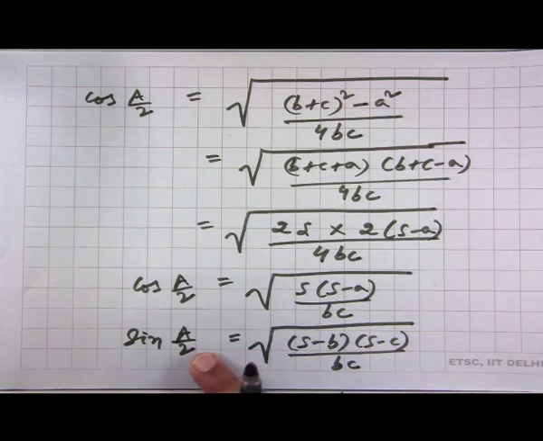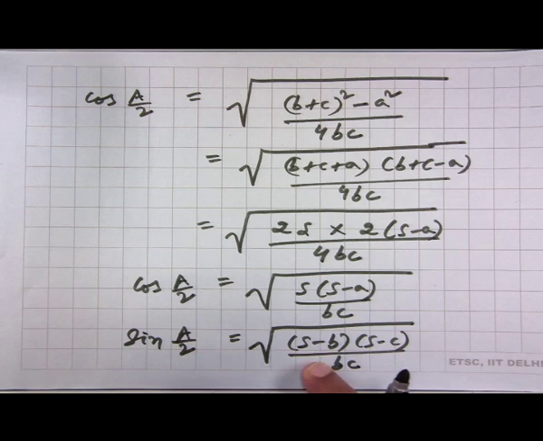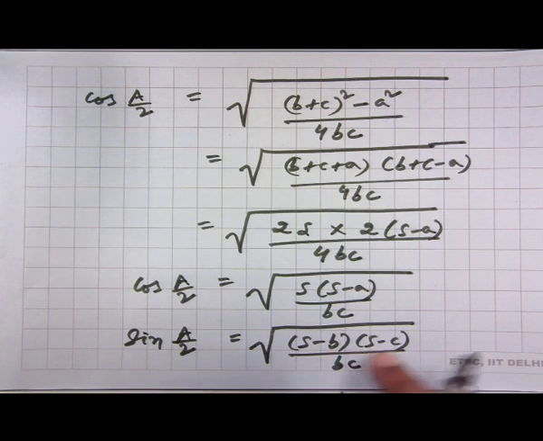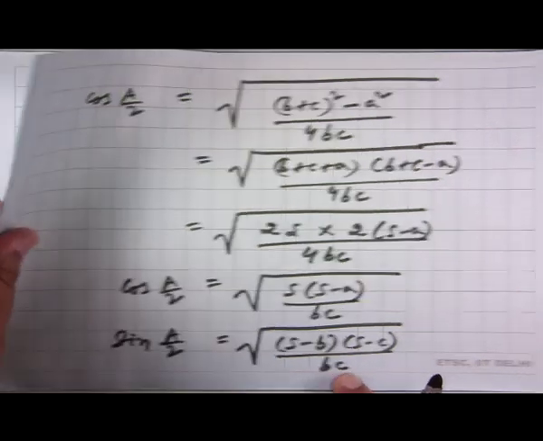And for sine of A by 2, it is square root of S minus b times S minus c. Note that b and c are the other two sides apart from the side of length a, divided by the product of b and c.